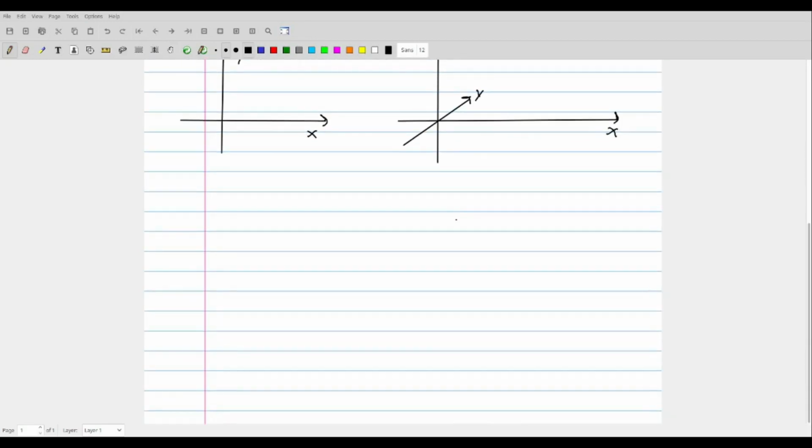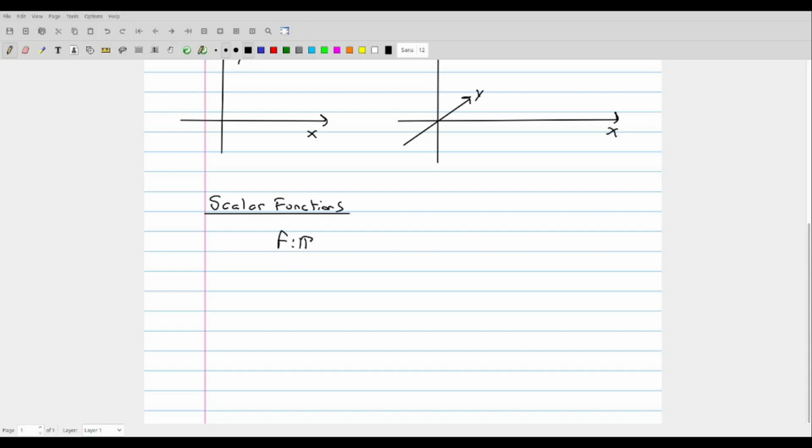These are called scalar functions, because these are the mappings that are most easily understood when we're first starting to think about what a multivariable function is.